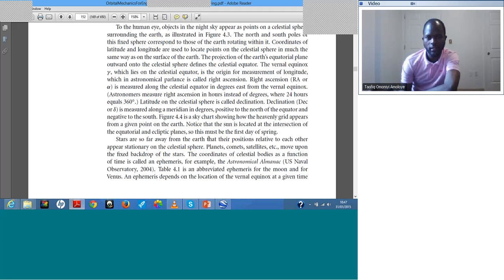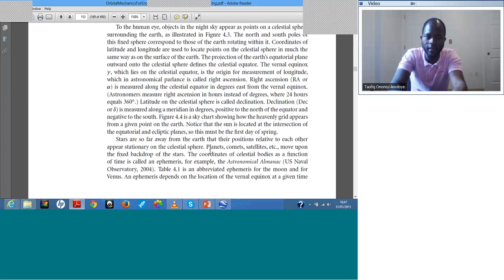Stars are so far away from the Earth that their positions relative to each other appear stationary on the celestial sphere. And that is the main reason for defining an inertial frame of reference as that which does not have any translational or rotational acceleration relative to the fixed stars, because we know those stars are very, very far away and their positions do not really change that much, so they appear stationary.